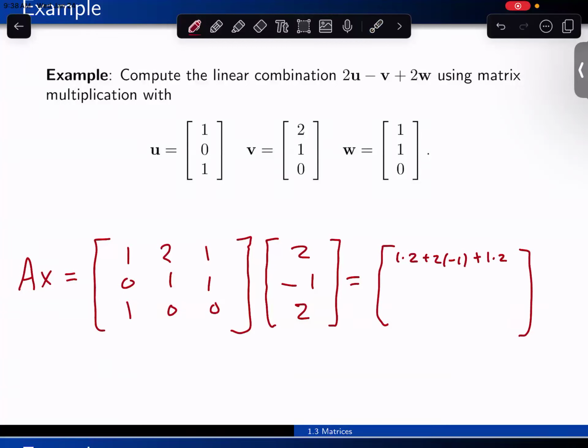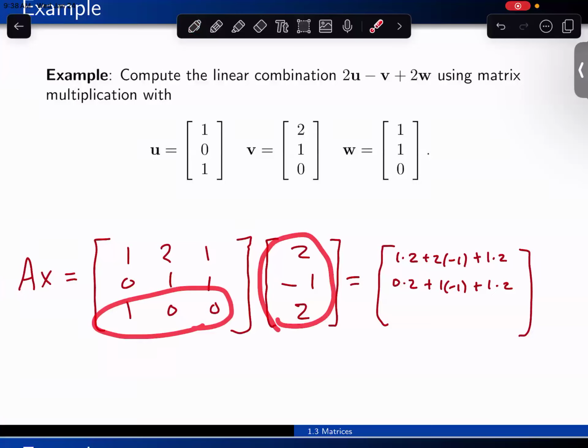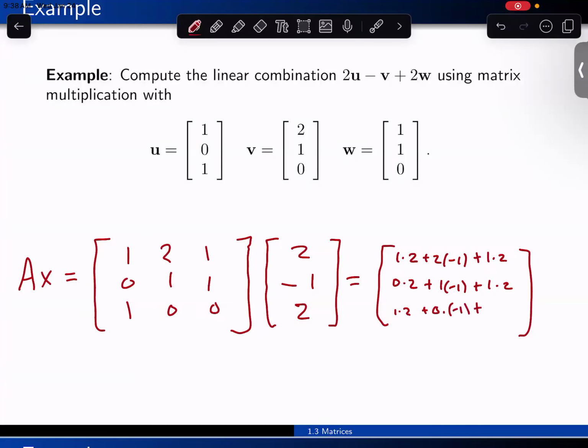So this is going to be 0 times 2 plus 1 times -1 plus 1 times 2. That's the second entry. And then the third entry is going to be 1, 0, 0 dotted with 2, -1, 2. So this is going to be 1 times 2 plus 0 times -1 plus 0 times 2.